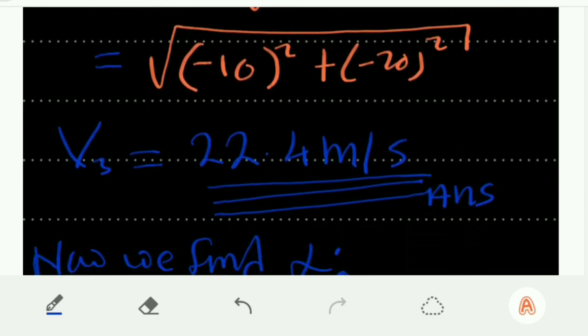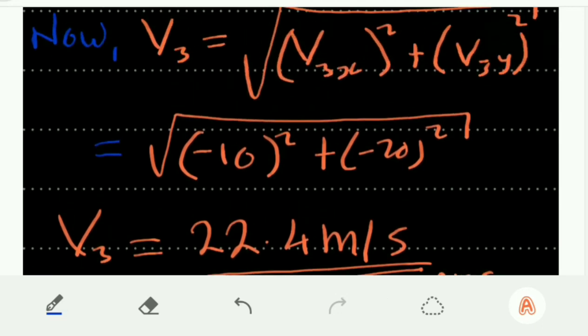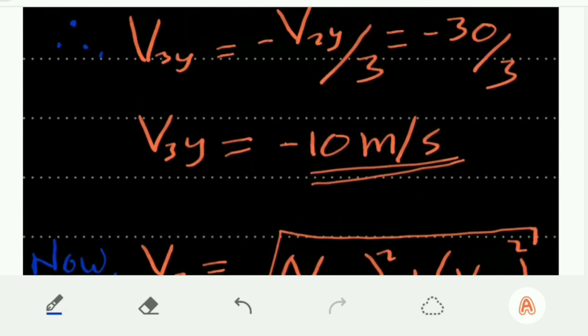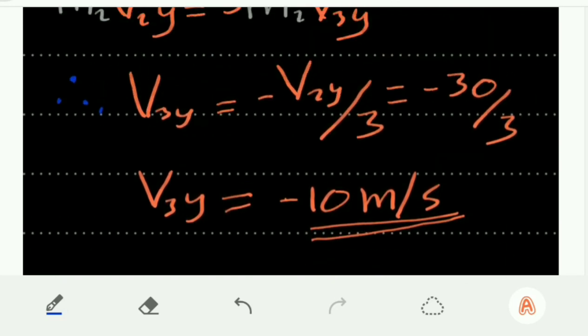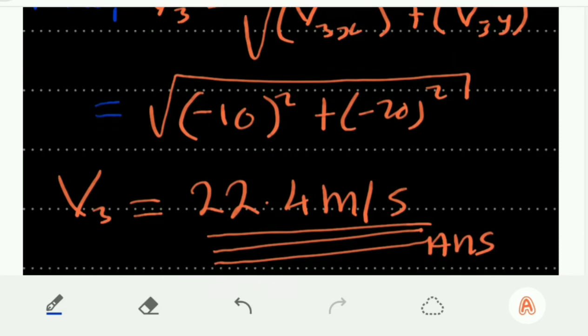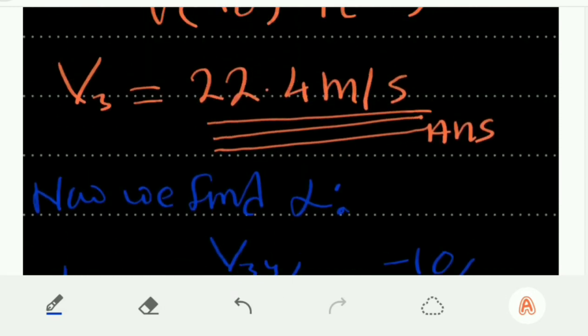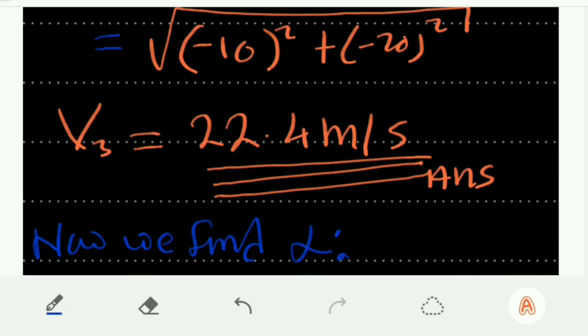We keep on doing that, and we have v3 as 22.4 meters per second. If I'm moving too fast, please just go back. You can pause the video, check through where you are behind, rewind. So now we have found the final speed of m3, the third particle.